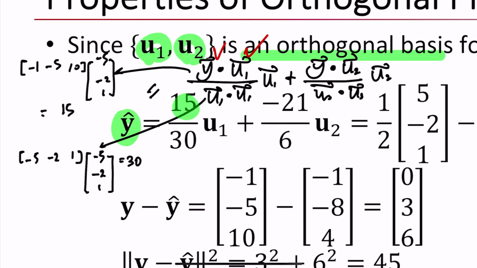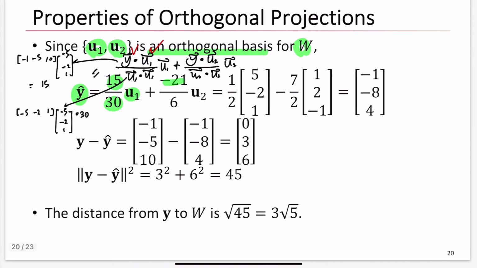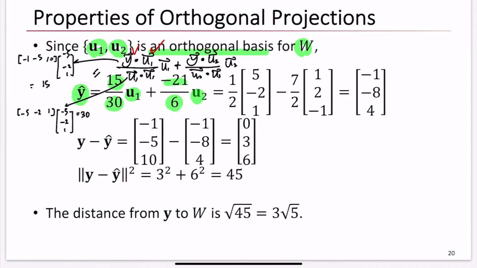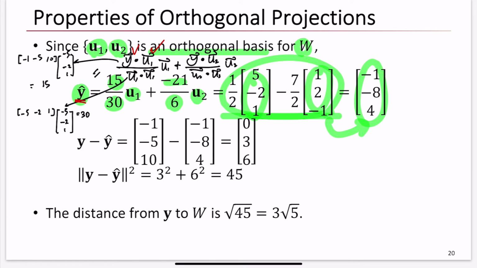So 15 over 30 times u1. Similarly, you can compute -21 over 6 times u2. Then, because you already know u1 and u2, it looks like this. And finally, this can be summarized to -1, -8, 4. You can easily compute this one. So finally, you got y hat, which equals -1, -8, 4.